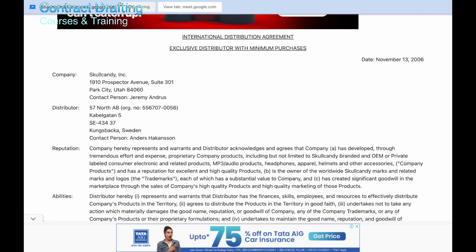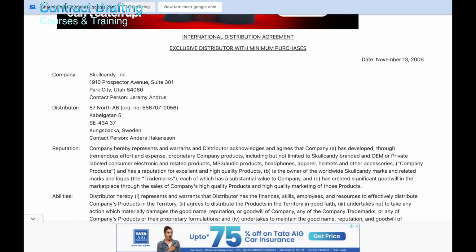Okay. So this is a distributor agreement with minimum purchase obligation. This is quite an old one. A US based organization, Skull Candy, is appointing a distributor in Sweden.